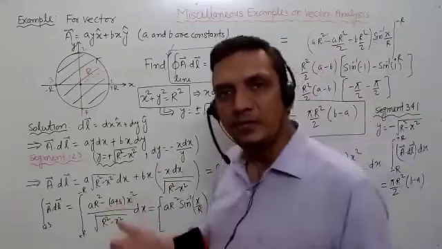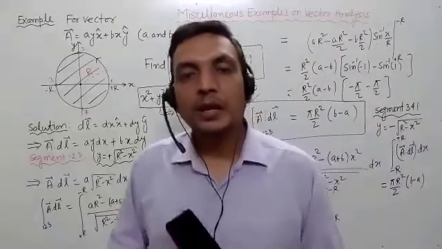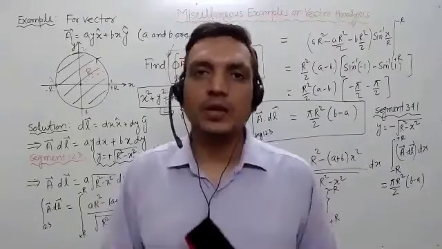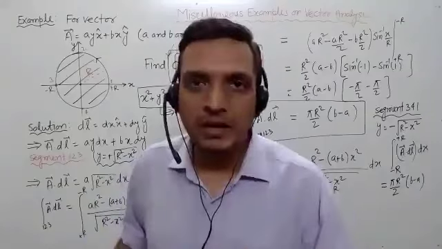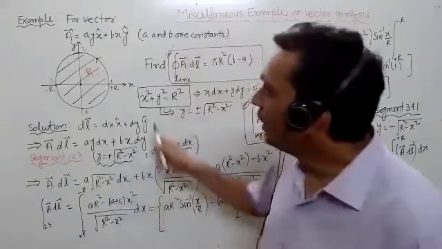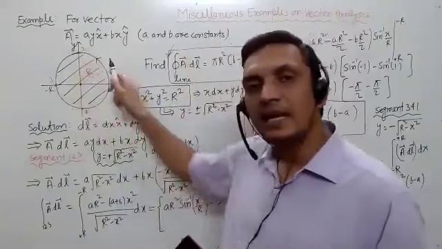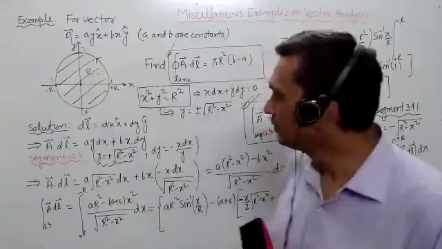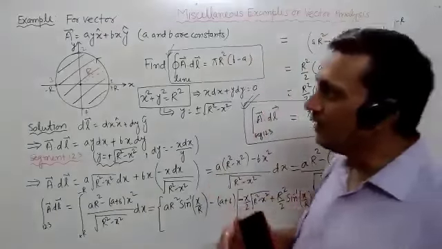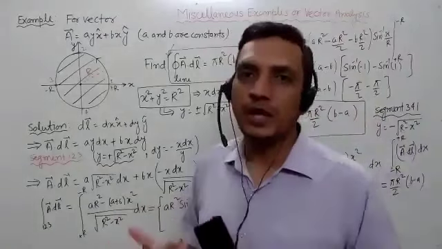It will take time, but you will get the same result. But we can simplify our calculation if we use the symmetry of the surface. In this case, the circle has cylindrical symmetry. Now let's see how using symmetry you can simplify your calculation.